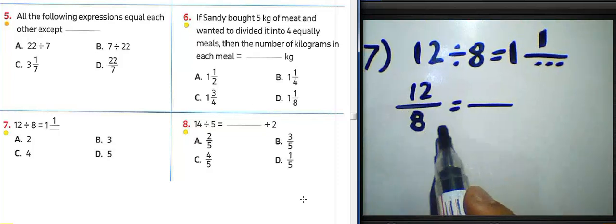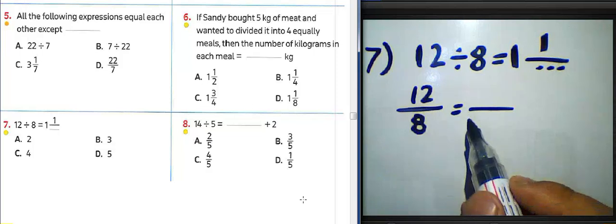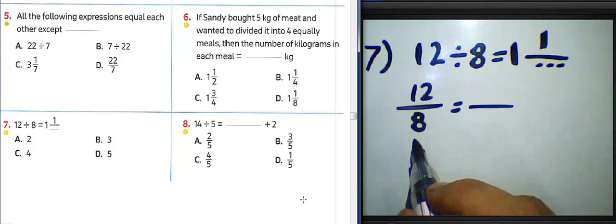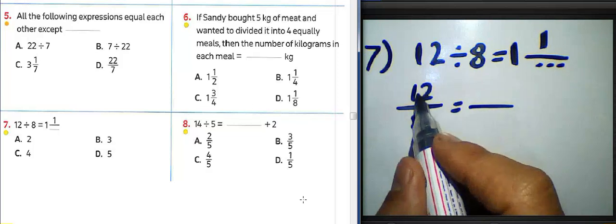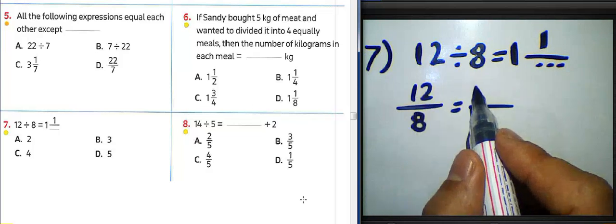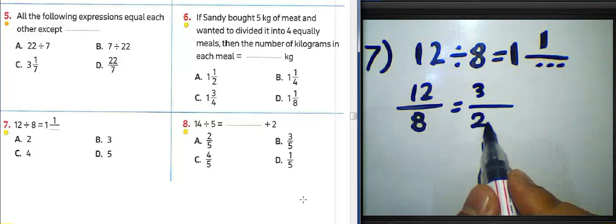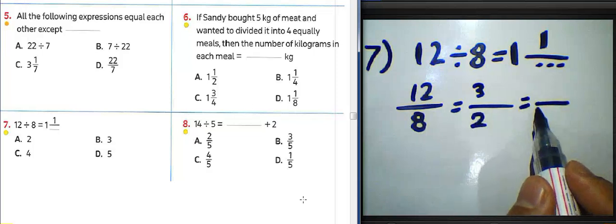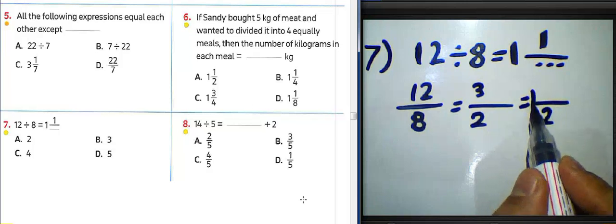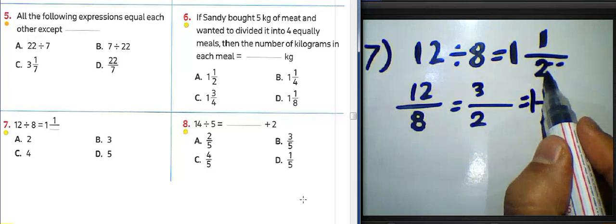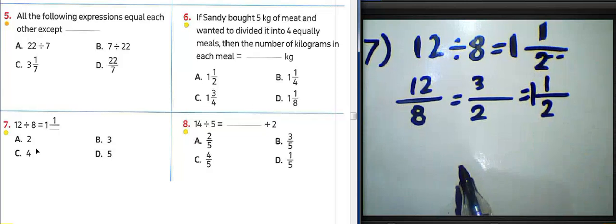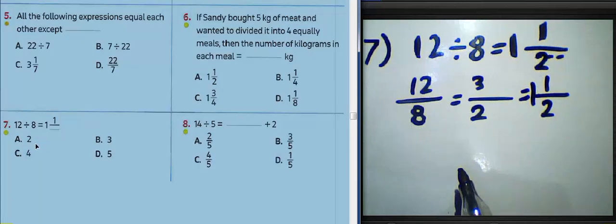We can divide the numerator and denominator by 4 because the highest common factor between 12 and 8 equals 4. 12 divided by 4 equals 3 and 8 divided by 4 equals 2. Then 3 divided by 2 equals 1 and the remainder 1. We can write 2 here, and 1 and the remainder 1. So we must write 2 in the denominator. Understood this example? It's very easy, okay?